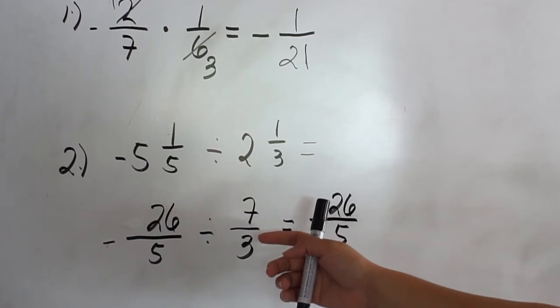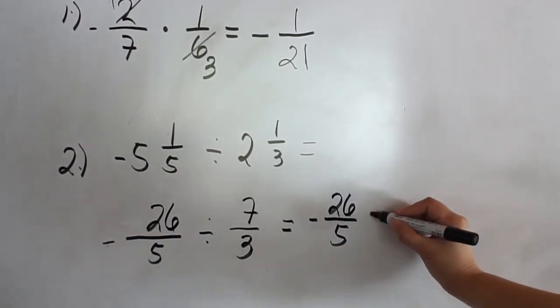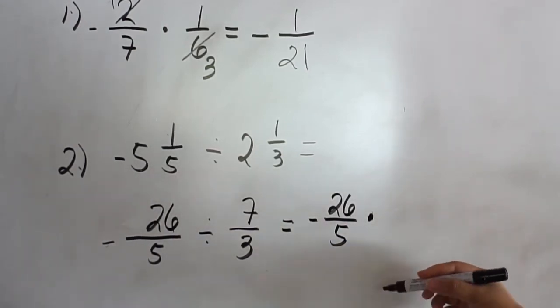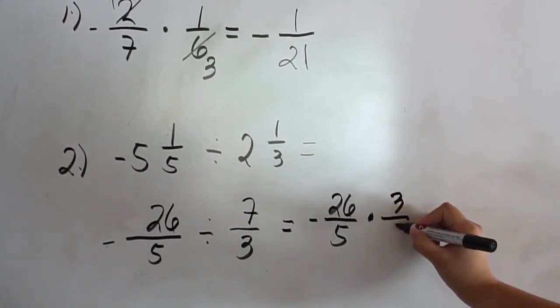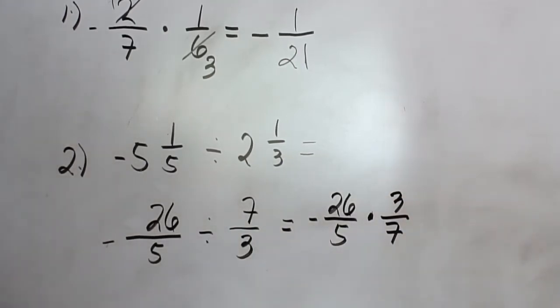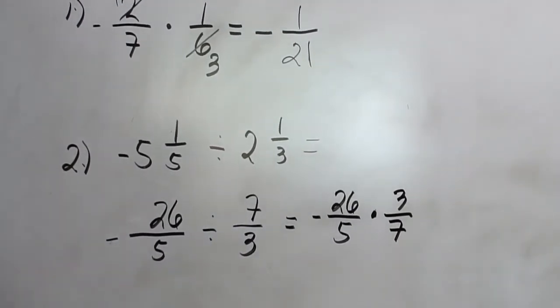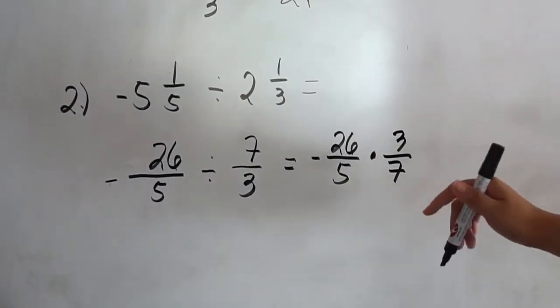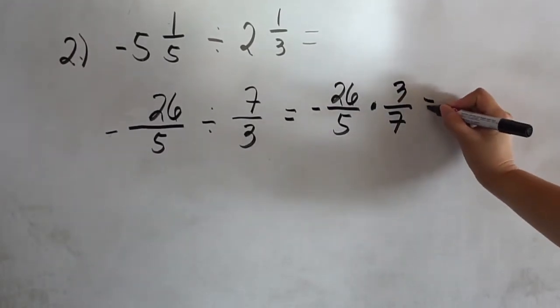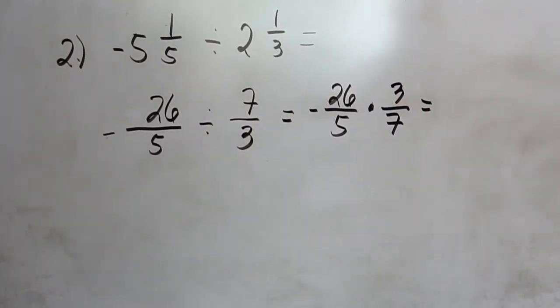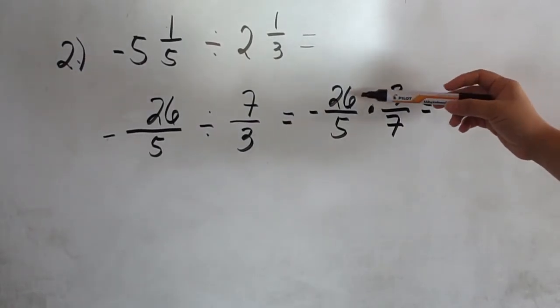And then the reciprocal of 7 over 3 is 3 over 7. So since we can't use cancellation method, we will proceed with the multiplication.